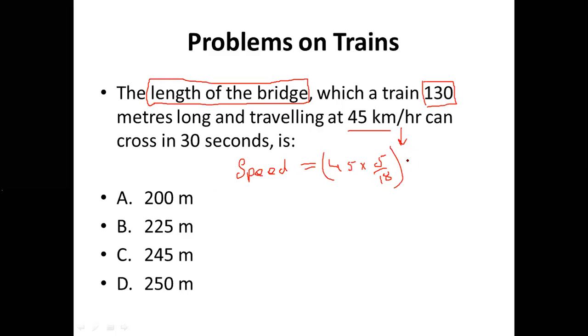So what we have, meter per second, that will be how much? 25 by 2 meter per second, right? Can cross in how much second? 30 seconds. So time is there, that is how much? 30 seconds.